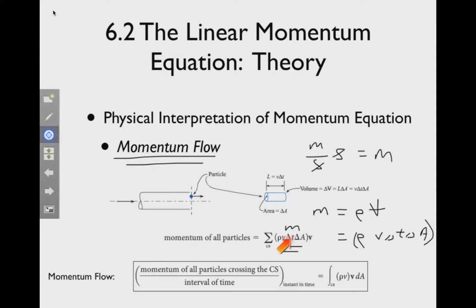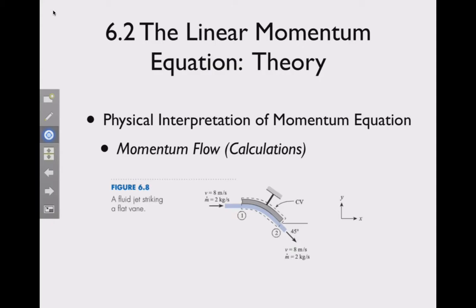This delta t has canceled out, or you can think of it as having been put to the other side. So this is now really momentum over time, and we're left with rho times velocity again times dA. Note that in general, only this one here is a vector, and that tells us something about the fluid direction.